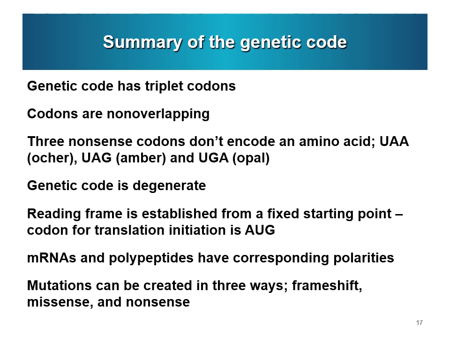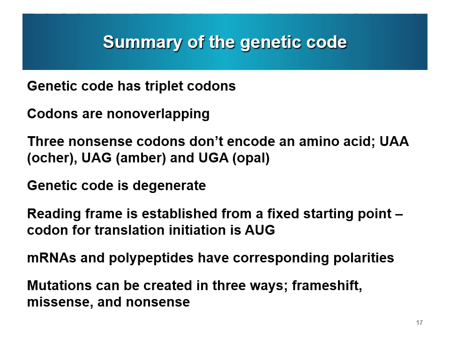As a conclusion, today we learned that the genetic code has triplet codons. Codons are non-overlapping. There are 3 nonsense codons that don't encode an amino acid, and those are UAA, UAG, and UGA. The genetic code is degenerate.